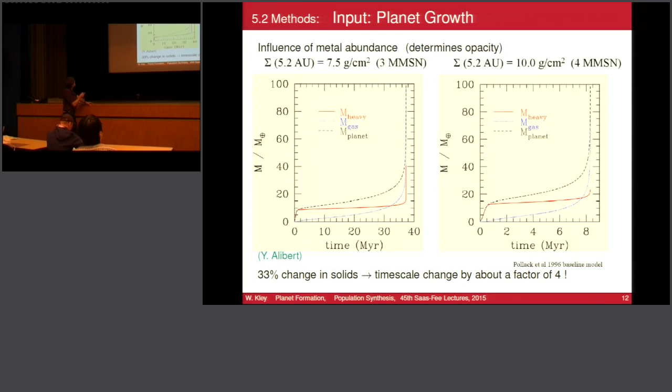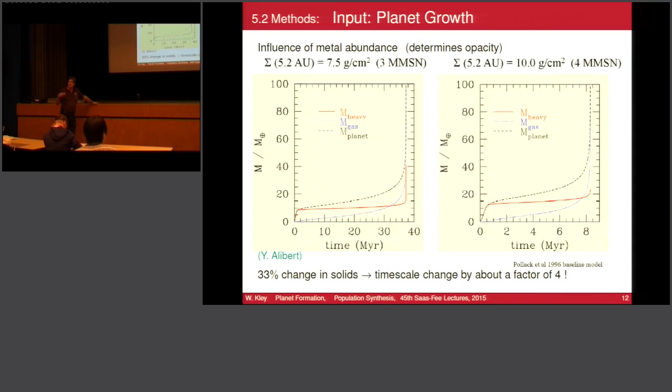Here we have the different surface densities of the solids, and you can see the evolution time is about 30 million years here, and here it's only 8 million years. So the evolution time of the planet varies a lot. We have seen this already yesterday, and you put this into a model.